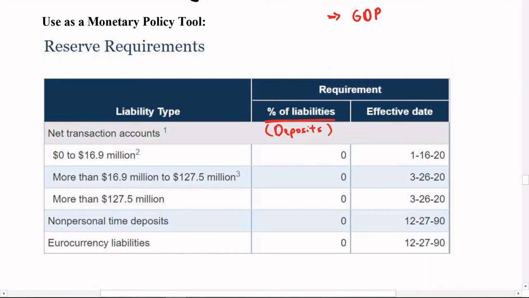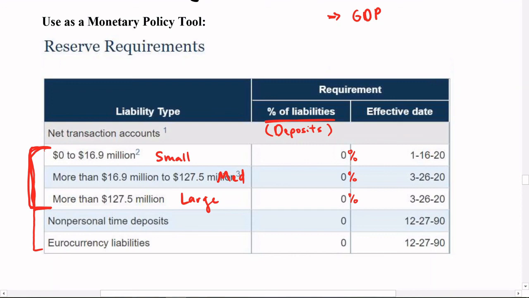And so here we have different types, in particular different sizes of banks: small, medium, and large. But actually, as you see, all of these banks are subject to 0% reserve requirements.